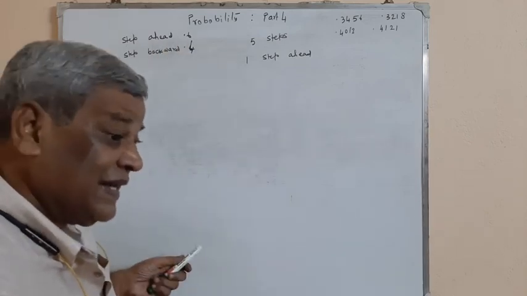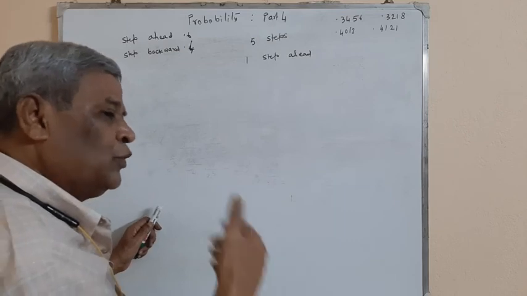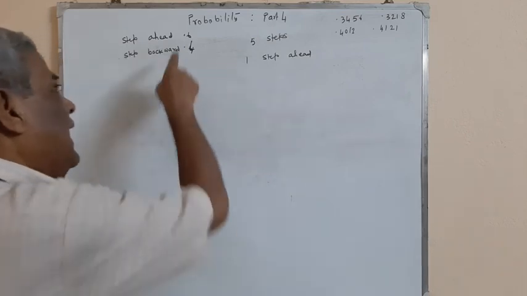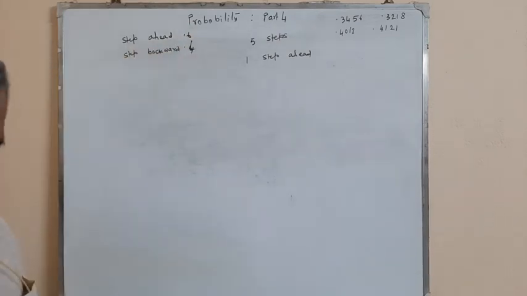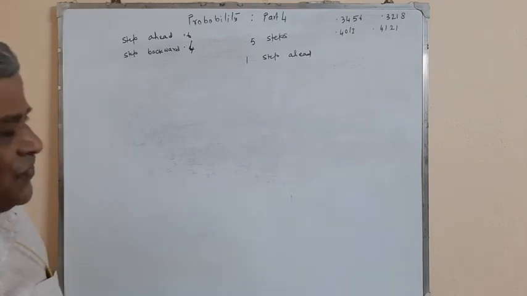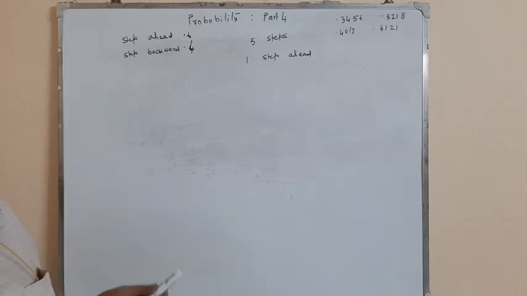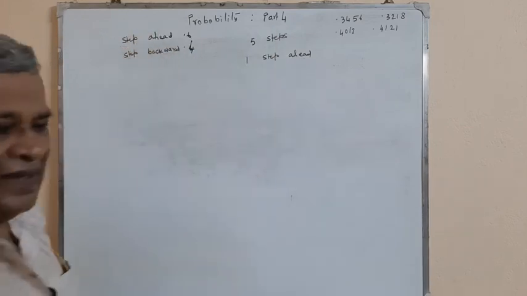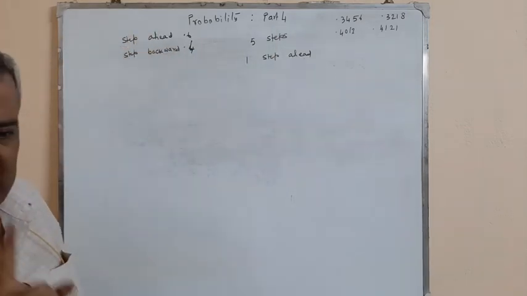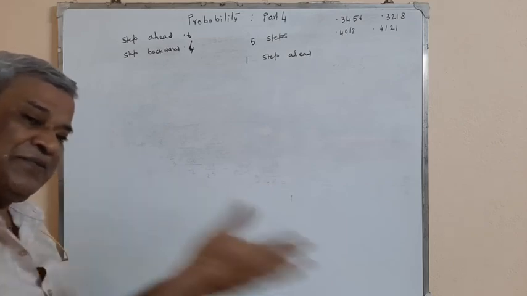That is, he is hesitating whether he will move forward or backward, and the respective probabilities are these. In that case, after 5 steps, it is seen that the man is just one step ahead, only one step ahead, but he has taken 5 steps.